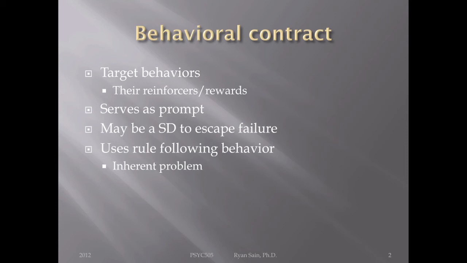I mean that most likely you've already tried to establish some rules for yourself or for somebody else, and that person or yourself is having trouble following those rules. Otherwise you wouldn't need the behavioral contract, and a behavioral contract is nothing more than a written form of rules. So it's entirely possible that you need to teach a different skill in order for this to work. You might need to teach somebody or focus on rule following behavior, or you might want to avoid the use of a behavioral contract with someone that does not follow the rules.